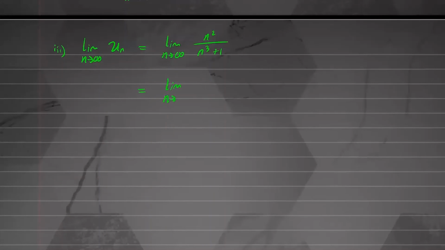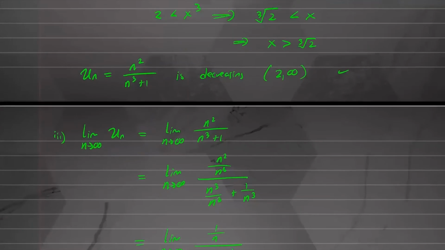This is the limit as n approaches infinity of n squared over n cubed, divided by n cubed over n cubed plus 1 over n cubed. So this would give you the limit as n approaches infinity of 1 over n, over 1 plus 1 over n cubed. Clearly we can see that this limit is going to be 0. So the third condition is also checked. Now we can conclude by the alternating series test that this will converge.